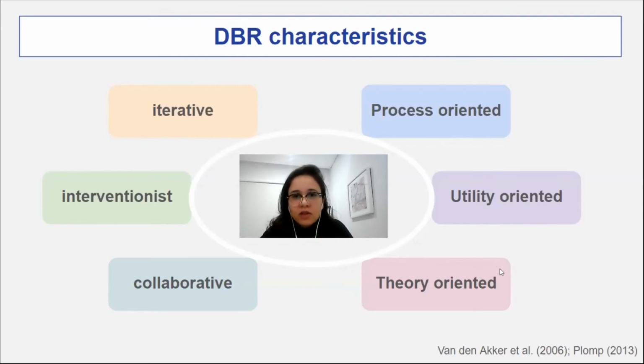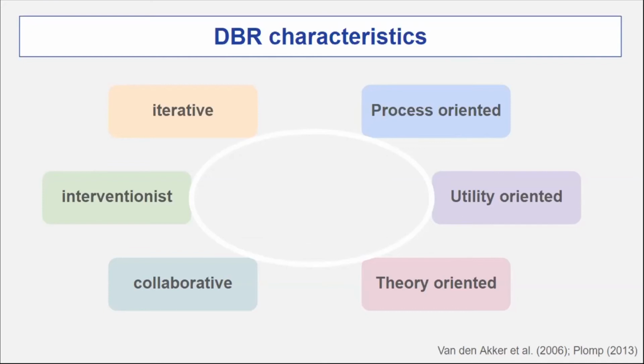They are theory-oriented because scientific understanding is used to frame not only the research, but also to shape the design of the intervention, of the solution to the real problem. And the results also contribute to theoretical understanding. These are some characteristics.